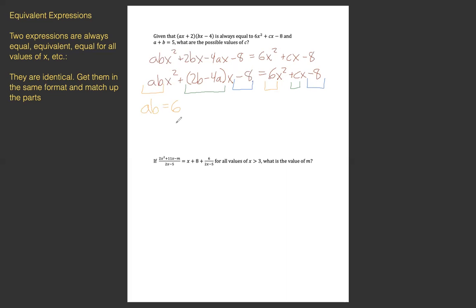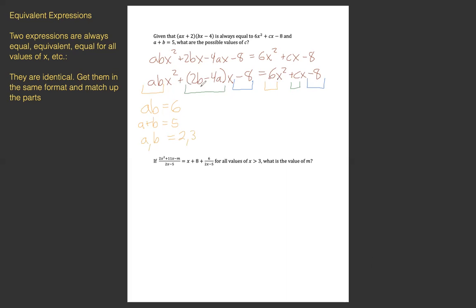Okay, what else do we have? ab equals 6. We're also told here, a plus b equals 5. And if those two things are true, then we know that a and b have to be 2 and 3. Those are the only things that add to 5 and multiply to 6.